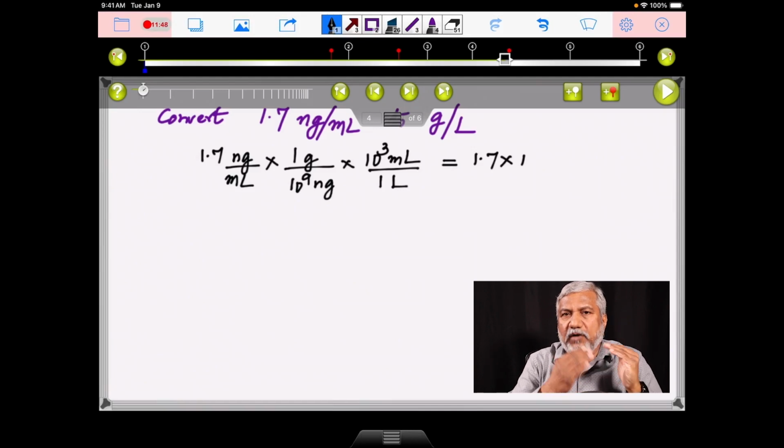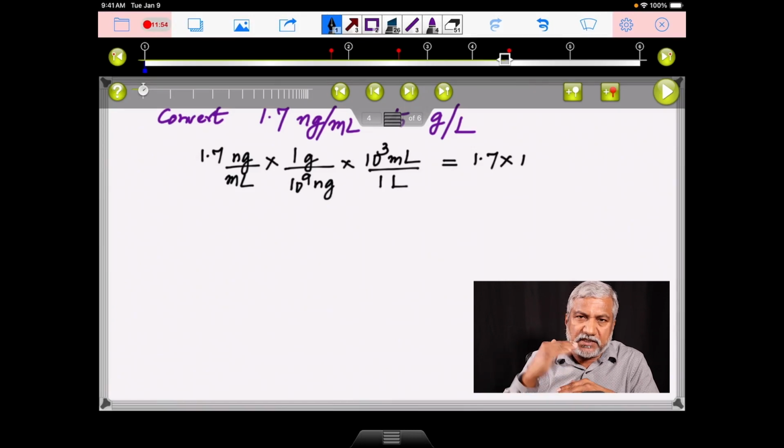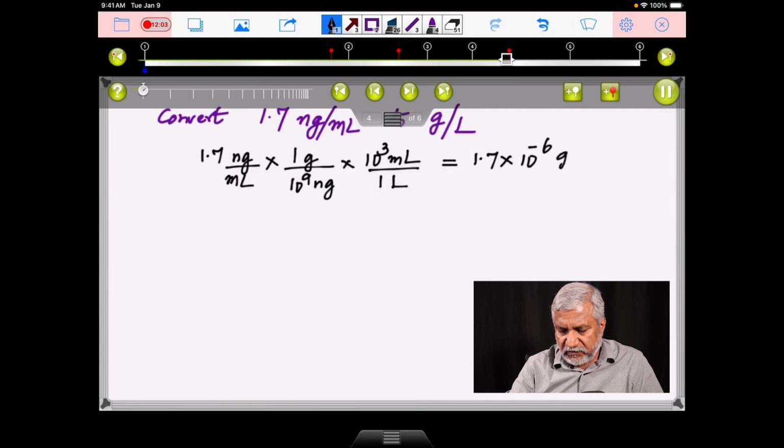That is 10 to the power 6 below, right? 3 and 9, so you got 6 below. But 6 below means negative 6 on top. So it's 1.7 times 10 to the negative 6 gram per liter. Now, there are so many moving pieces here, so you please have to look at this very carefully and try to understand.